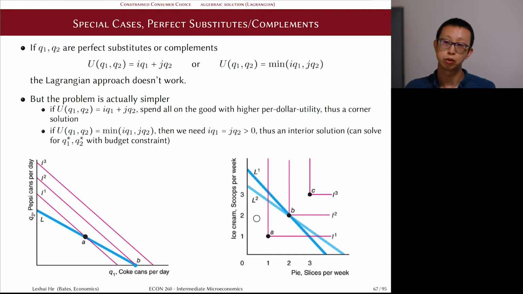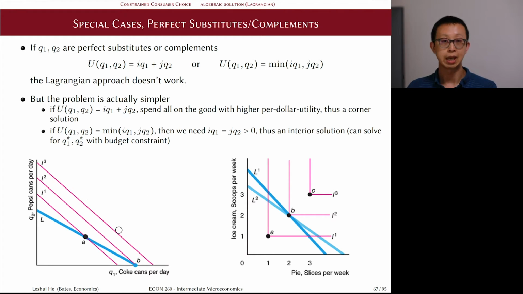On the other hand, if the two goods are perfect complements, then the indifference curves are perfectly angled at 90 degrees, and their slopes are undefined at these turning points. Because the derivatives are undefined at those points, the first order conditions can't help us anymore, which means that the Lagrangian approach won't apply. As a result, we'll have to go back to the basic intuition that we have been building so far and try to maximize the utility through reasoning.